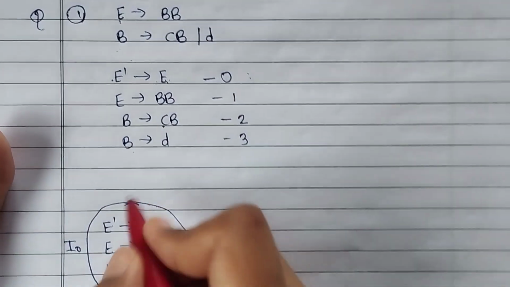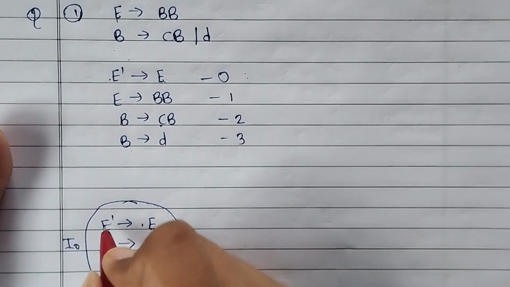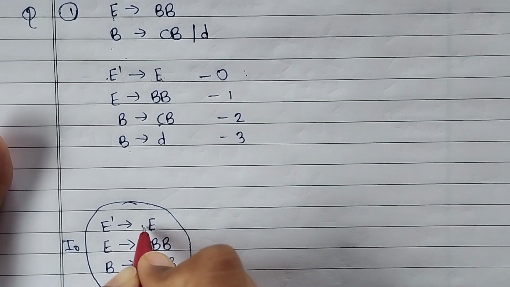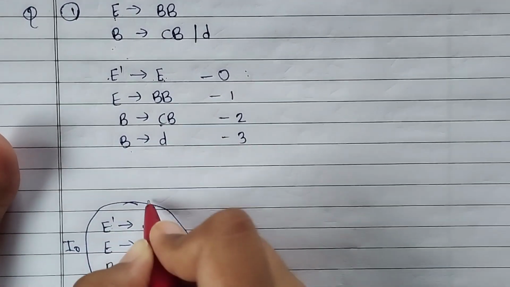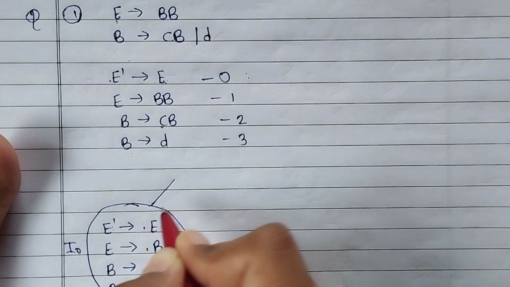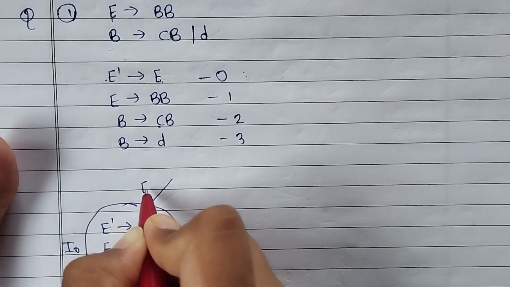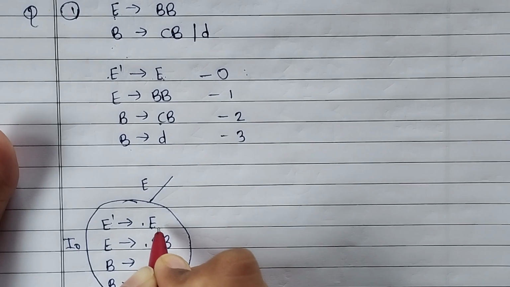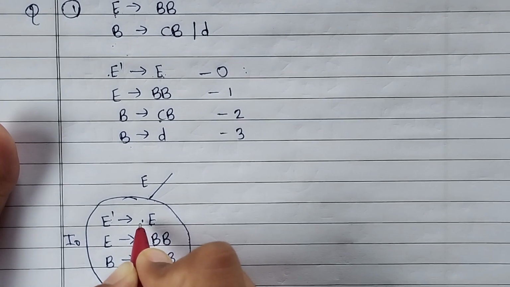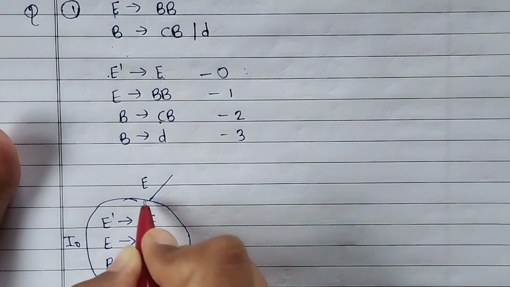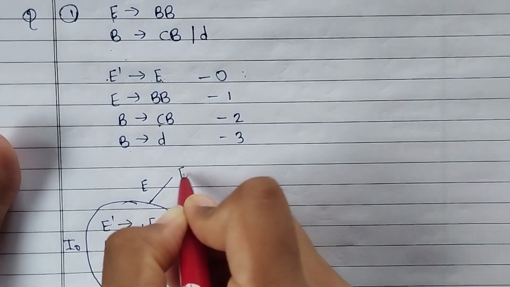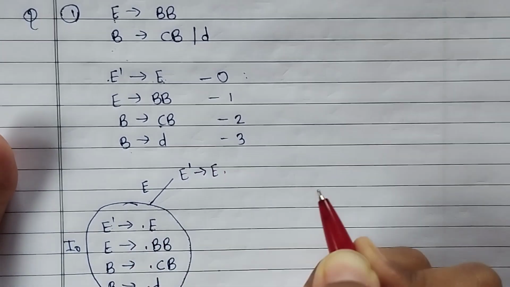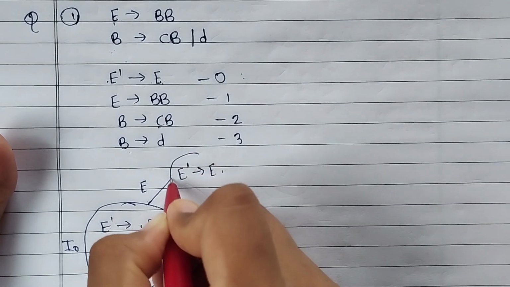Now we move forward. We check all the grammar one by one. First is E' → .E. So we write the next state with E. We change the position of the dot to after the E, so E' → E., and this is one state.